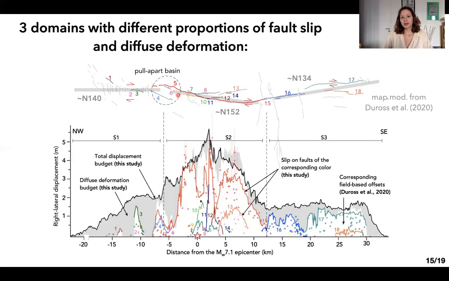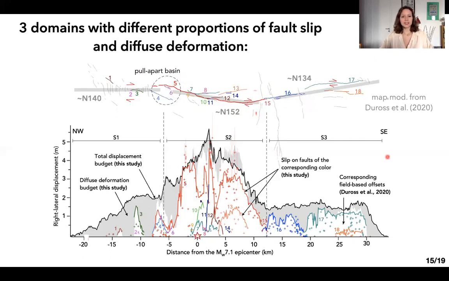After, you enter an area with slightly different azimuths and a very complex surface rupture with many faults. After, you cross the junction with the magnitude 6.4 earthquake and you enter the final area, which is oriented north 134, which is quite simple with those two primary faults connected with a jog. This is where we used the BB prime profile I have shown you before.